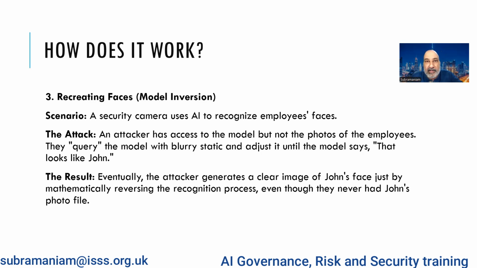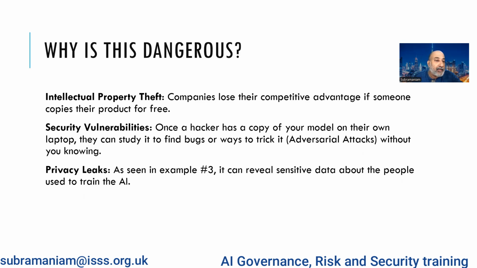Sometimes the model responds, this face belongs to Ram, this face belongs to Rahim, this face belongs to Peter. I use a lot of images to query, and sometimes it responds that this picture belongs to a particular person. I can find out whether the dataset contains the image of that person, and his membership also. That is another attack: the membership inference attack is also possible.